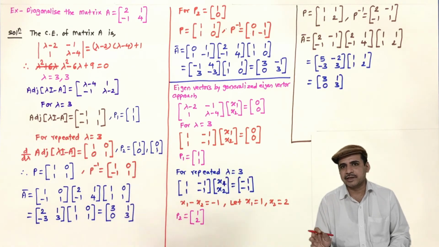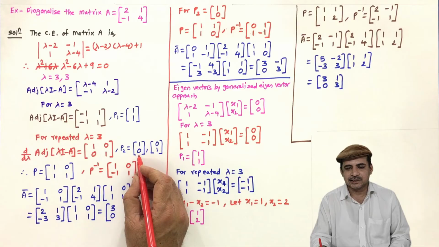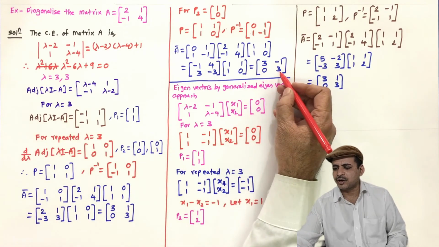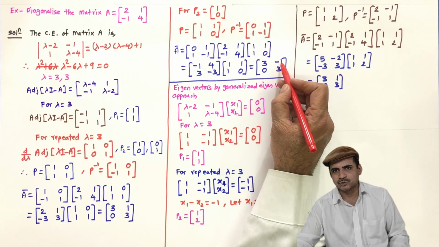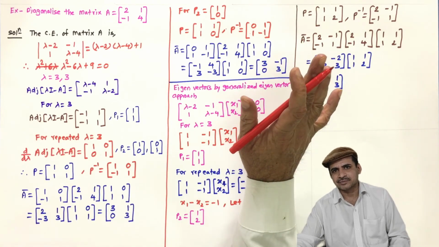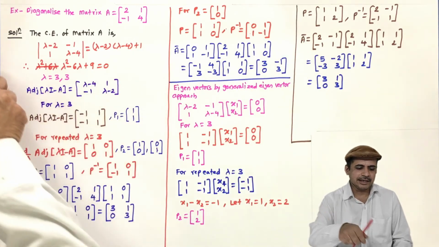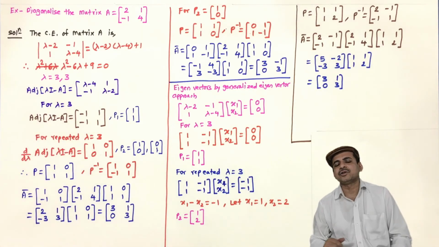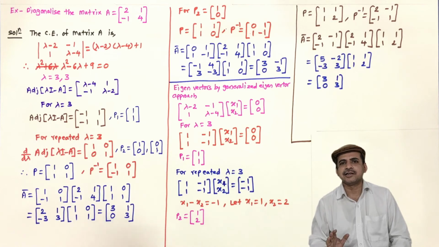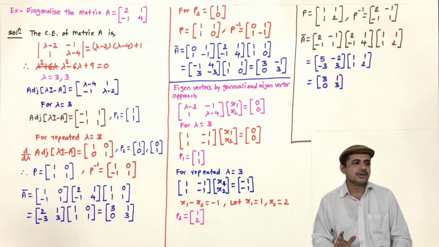By one of them you will get exact Jordan matrix, but with the other you will get a Jordan like form, but here instead of 1 it will be some other number. Here we have got minus 1, but it can be any other number. And that is why if you have the repeated roots, then find out the eigenvectors by generalized eigenvector approach.